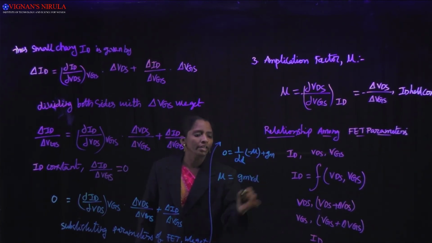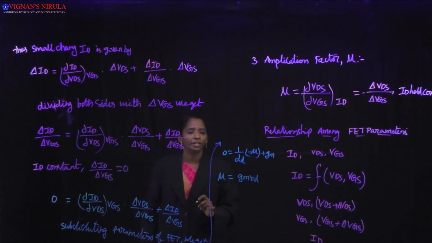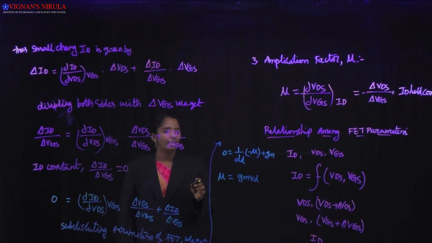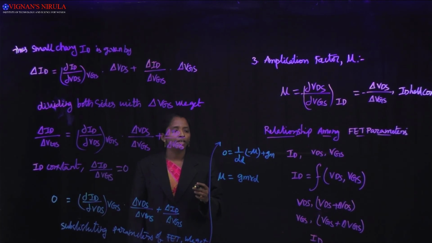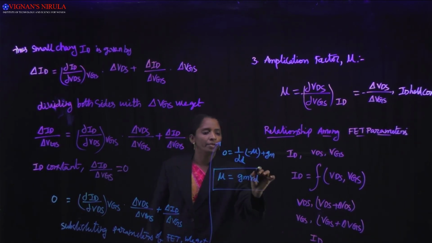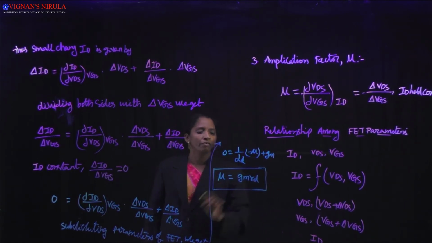This is the relation between FET parameters. Here mu is the amplification factor, GM is the transconductance, and RD is the drain resistance. The amplification factor is equal to the product of transconductance and drain resistance. This is the relationship among FET parameters.